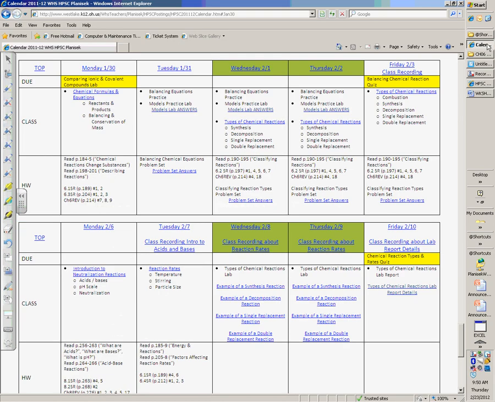Next thing we did was the lab where we had the models, the little blocks, and a lot of you didn't use the blocks to make the models, and you made robots and whatever, and that's fine. But that was another example of balancing equation stuff. Then on Friday, February 3rd, you took your first quiz for this section.